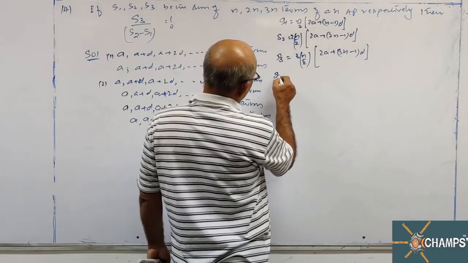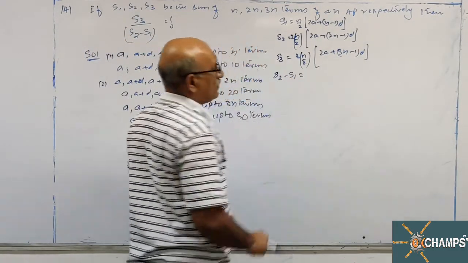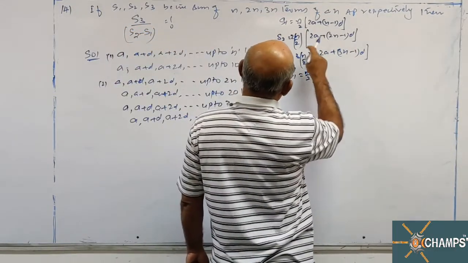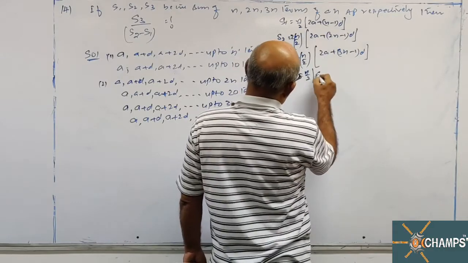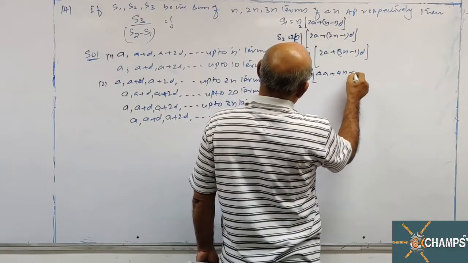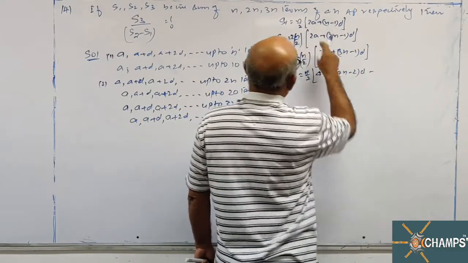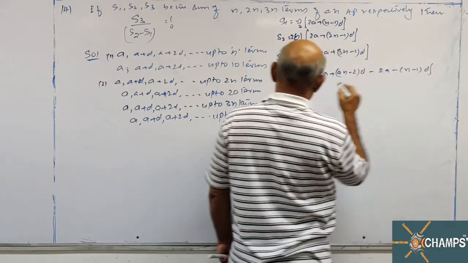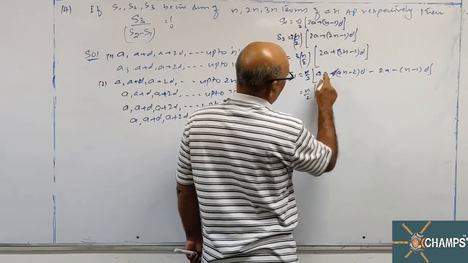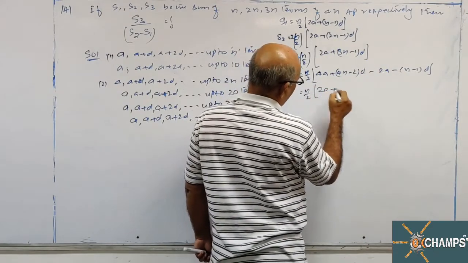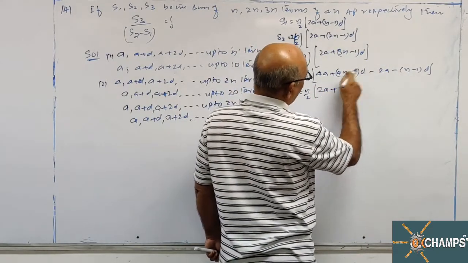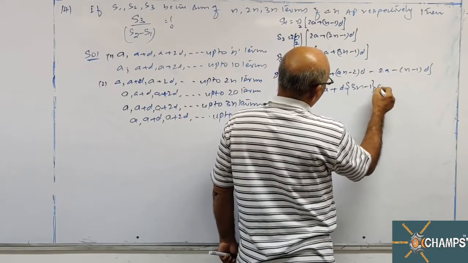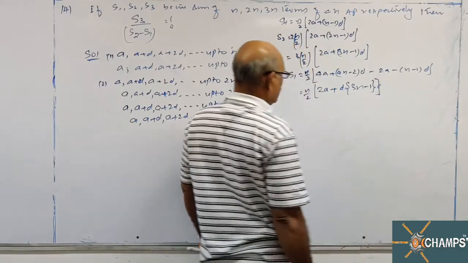Now, S2 minus S1. N by 2 I can take common. Take 2 inside. This is 4a plus 4n minus 2 into d minus 2a minus n minus 1 into d. N by 2 into 4a minus 2a is 2a. If I take d common, 4n minus n is 3n, minus 2 plus 1 is minus 1, in brackets.